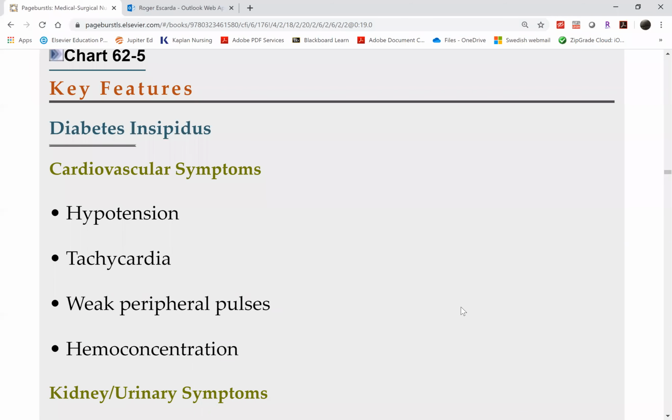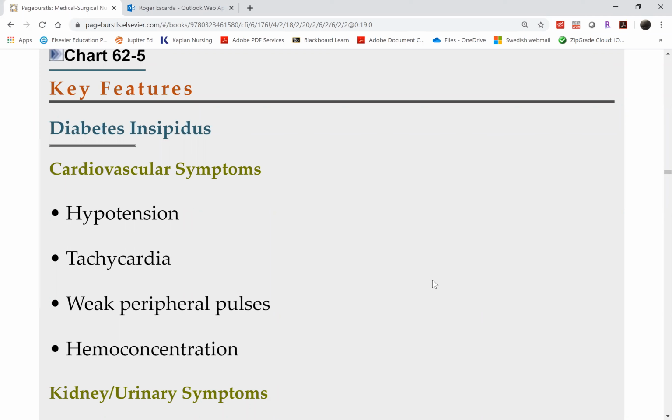So you're very dehydrated, so therefore your kidneys will go into oliguria, or a urine output of less than 400 ml. So therefore your urinalysis will show a very high specific gravity and a very concentrated urine, right?